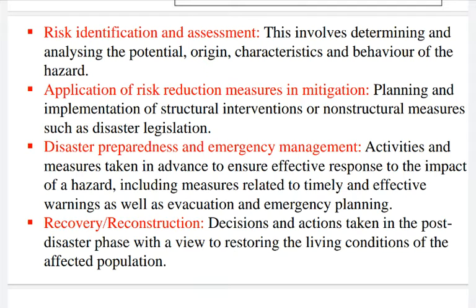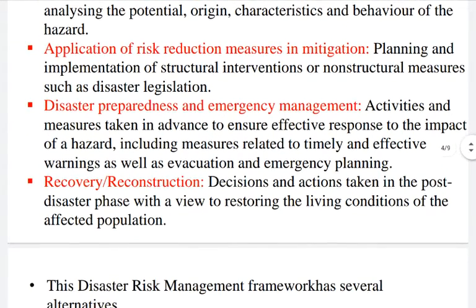We can go through activities and measures taken in advance to ensure effective response to the impact of hazard, including measures related to timely and effective warnings as well as evacuation and emergency planning. All this we have already learned in the first and second modules. Here we have mentioned in detail the terms related to the disaster cycle, so the same things are mentioned again.